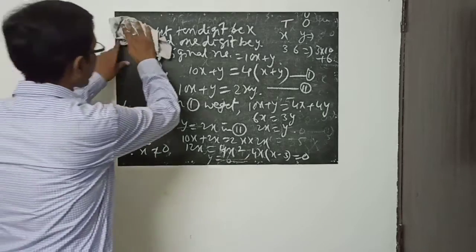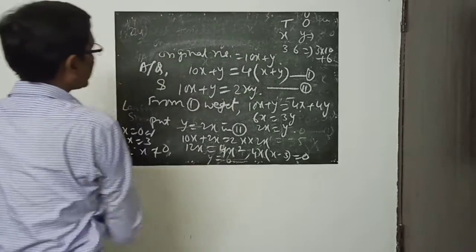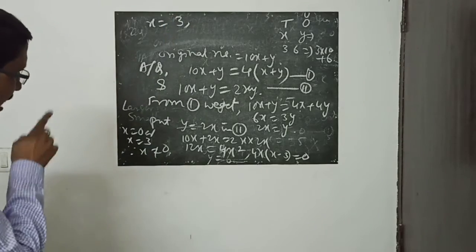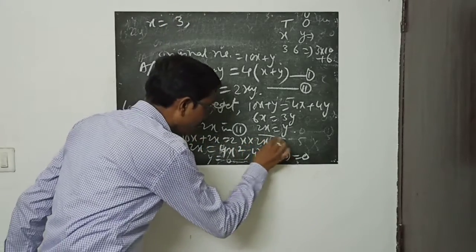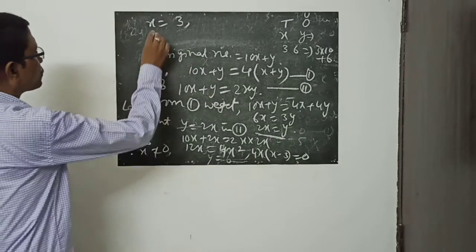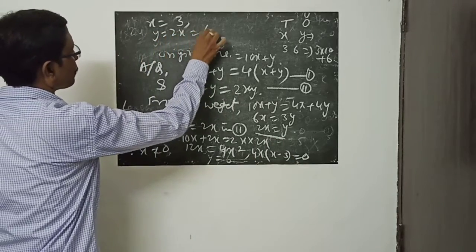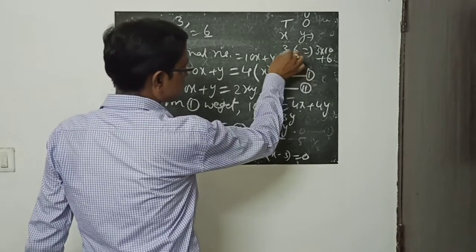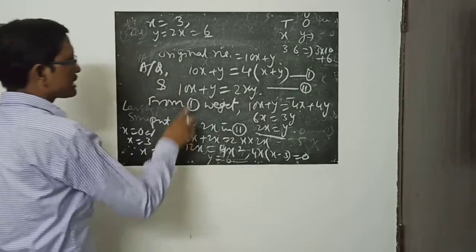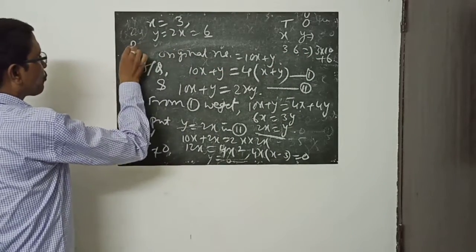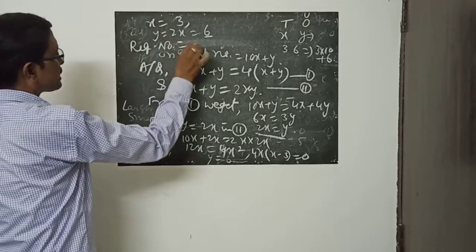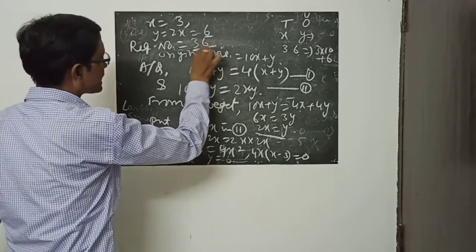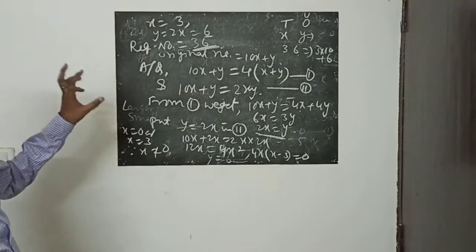Then you are getting x equal to 3. If x equal to 3, then y equal to 2x, so you are getting y equal to 6. So x equal to 3, y equal to 6. This number only, so it is 36. Therefore the required number is equal to 10 into 3 plus 6, or 36.